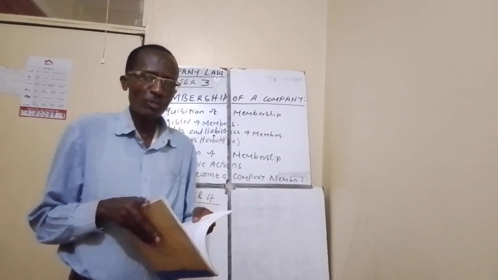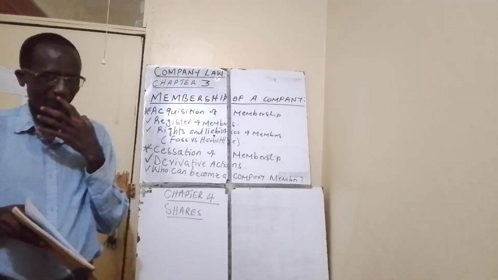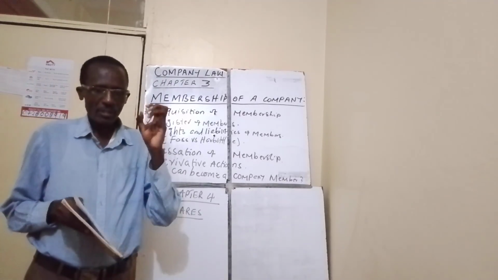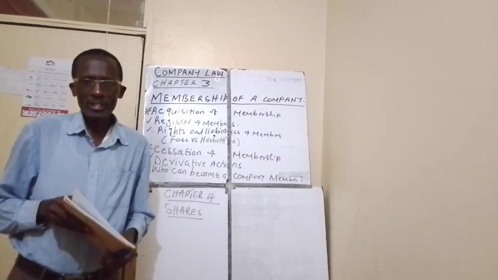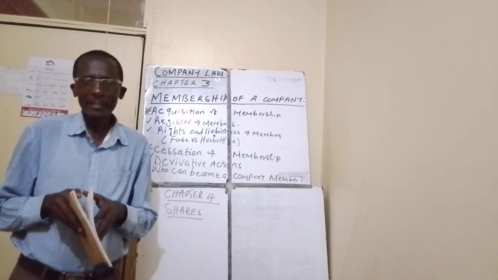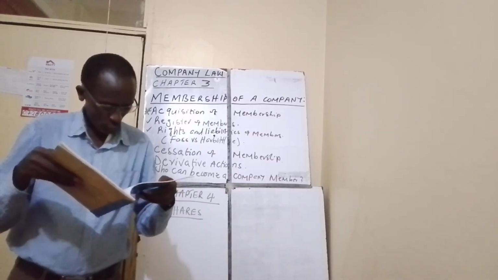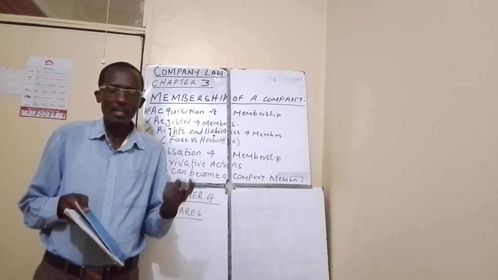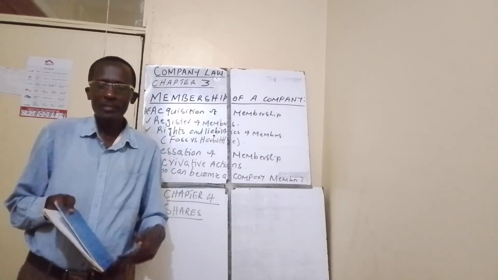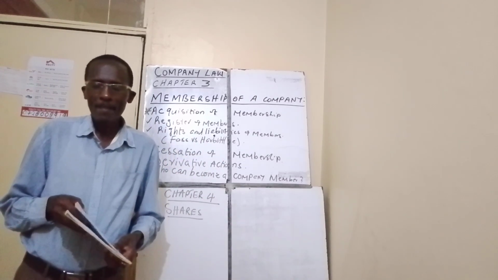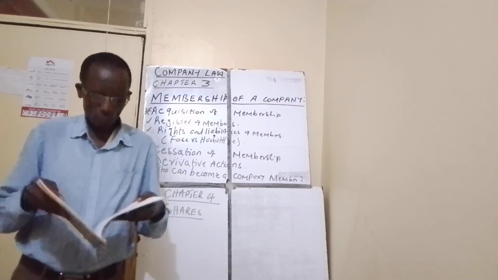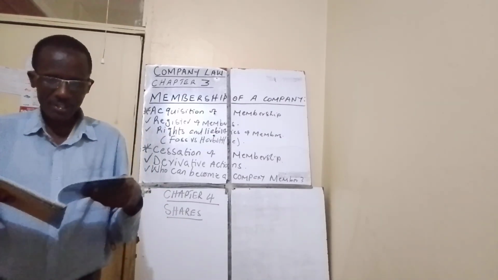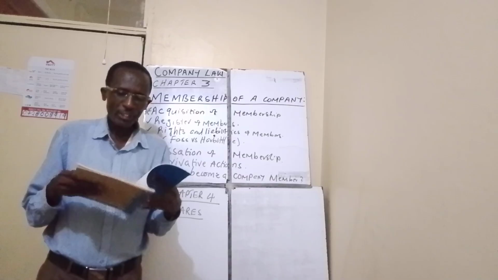I've said what class of shares is. Class of shares means that the rights of these shareholders are so close that they can be grouped together. So if you look at classes of shares like preference shares, ordinary shares, deferred shares, and such, we'll be looking at classes of shares, then variation of class rights.